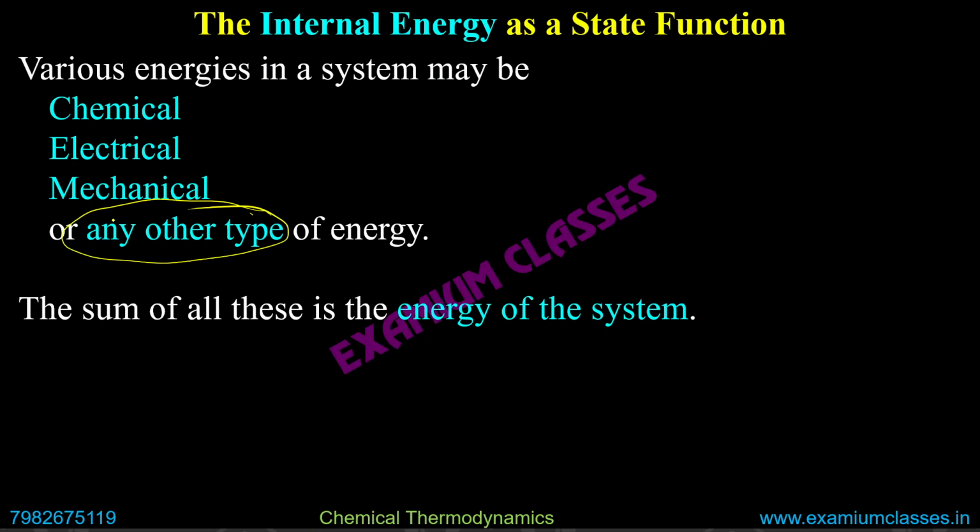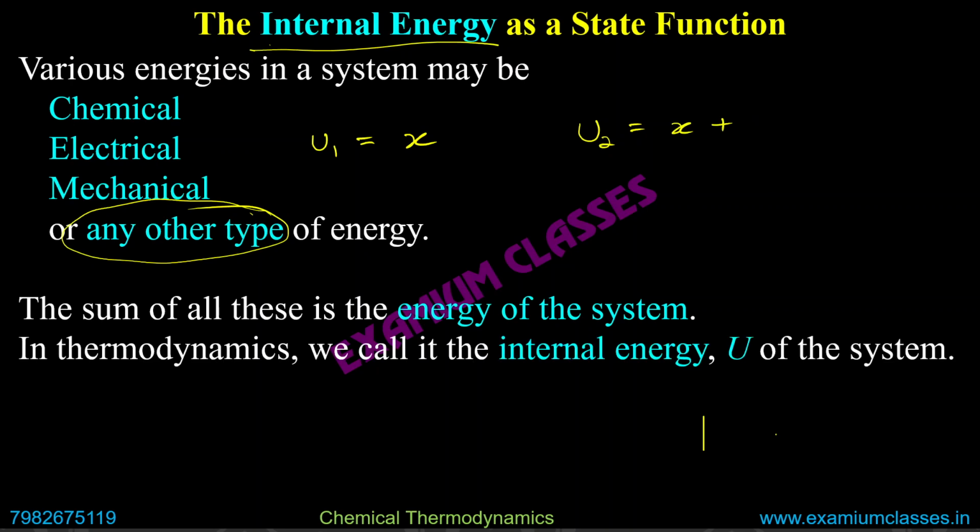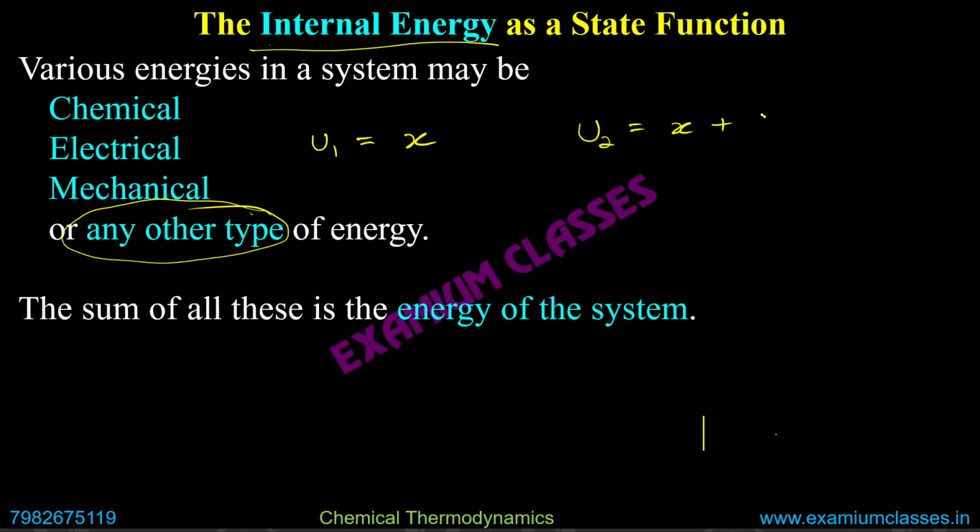How? Suppose internal energy is X, we don't know, but it is X. Internal energy is represented by U. Suppose we provided Q amount of heat to it. Now its energy will be X plus the energy provided to it, that is Q. It means we can calculate the difference U2 minus U1.